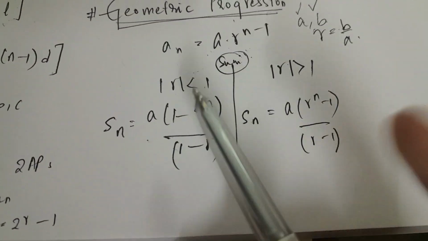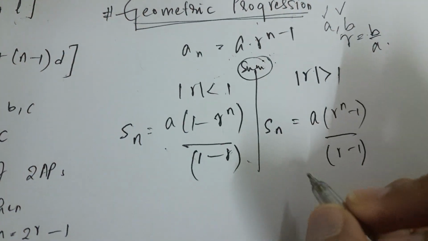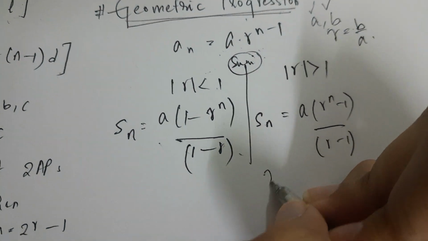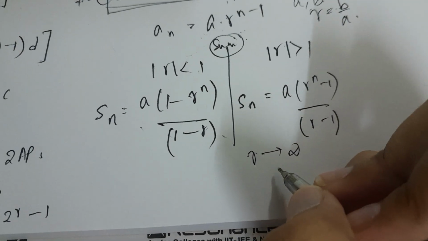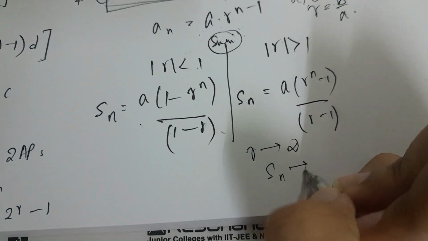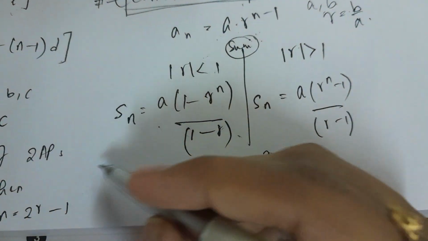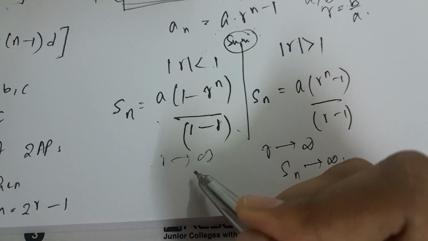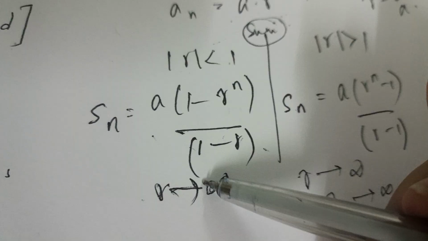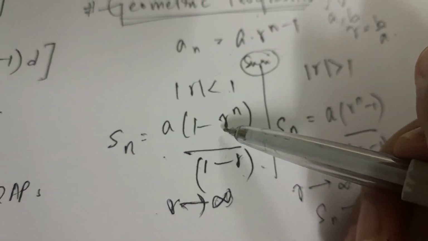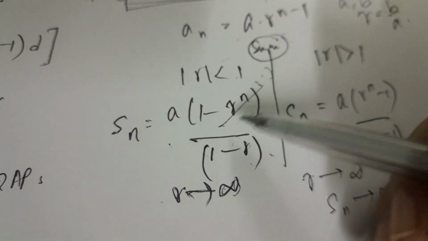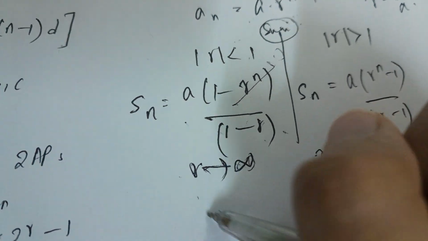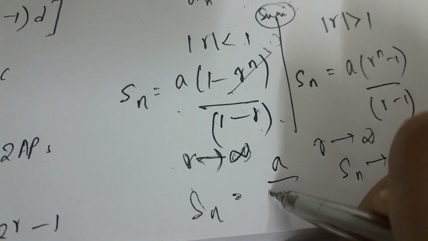And even in these cases, we can have a special case. So let's say over here we have n tending to infinity, then the sum also tends to infinity. And over here, if n tends to infinity, this thing becomes 0, and so you just have sum equals a over 1 minus r.